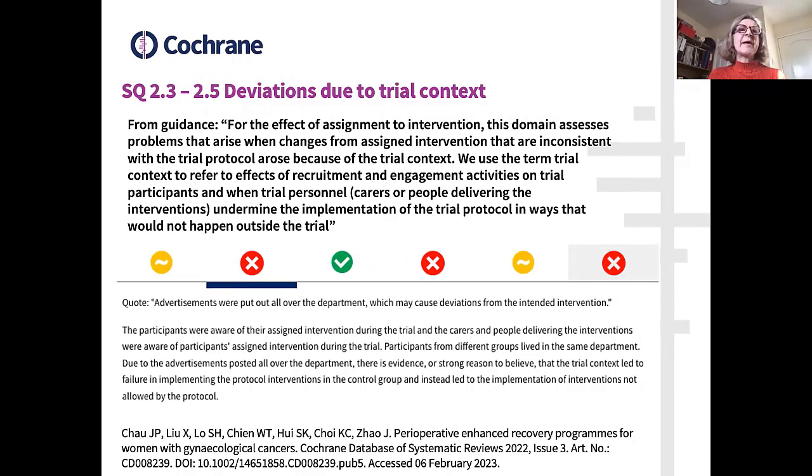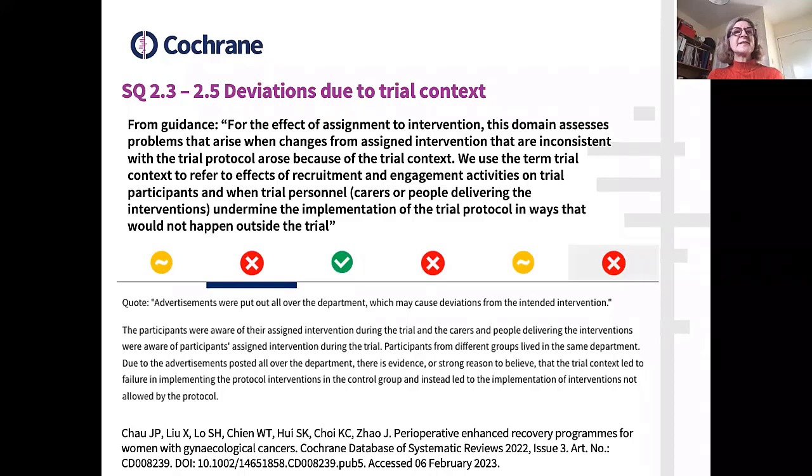Anybody could log onto the web and access this intervention. And what we discovered when we were looking at the evidence from the trial was that a lot of people in the control group actually did access computerized therapy, even if they weren't allocated to that. And you can perhaps argue that one of the reasons they did that was because they found out about that intervention through being in a trial.